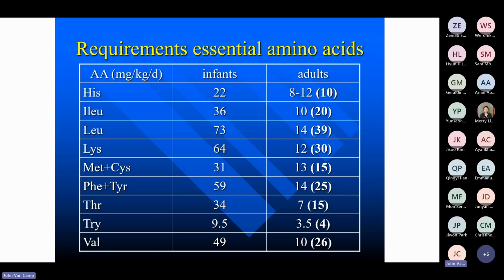You can see very clearly, not in all cases, but in some cases, that the values are much higher than what you get when you measure with the nitrogen balance technique. So with the new technology, you are measuring in a much more sensitive way, and probably with the balance technique, we have an underestimation of the requirements.